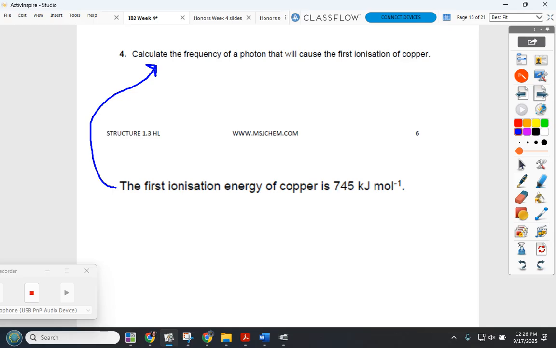Make sure you have that written in under number 4 so that you can use that to practice another calculation. That was an oops, left out of the study guide in the PDF. So again, that's 745 kilojoules per mole for question 4. That's key information that you can't answer the question without.